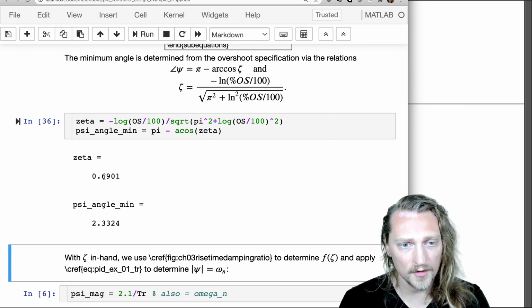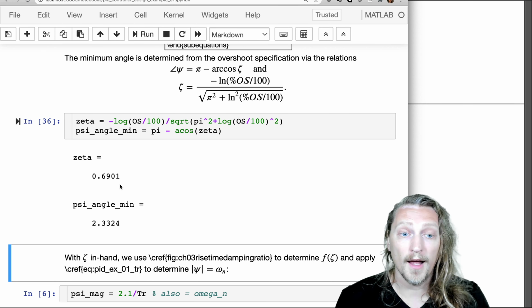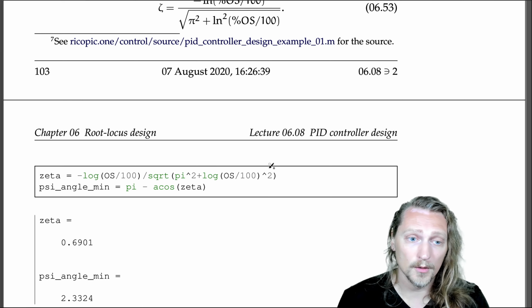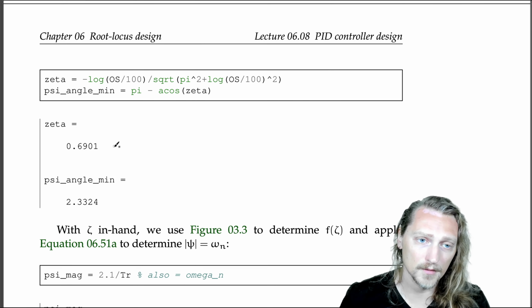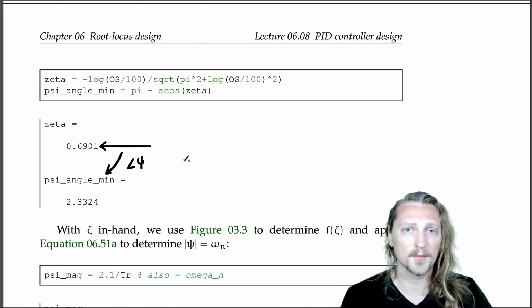So zeta is 0.6901. Now we're able to use that result here. So this we used to find psi, the angle of psi. So that is specified. So that's good.